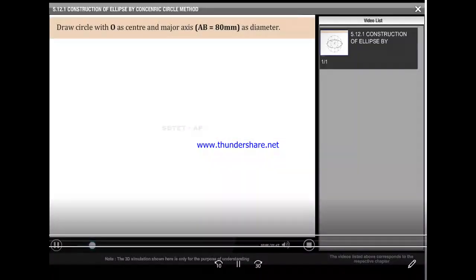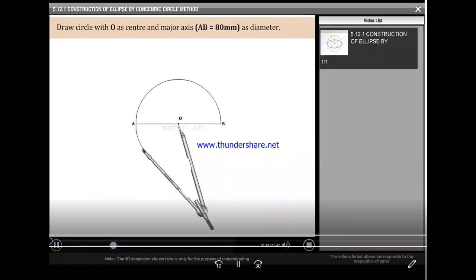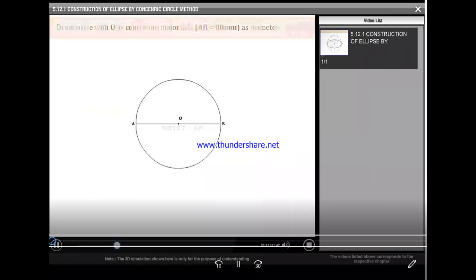Draw a circle with O as center and major axis AB of dimension 80 mm as diameter. Draw another circle with O as center and minor axis 40 mm as diameter.